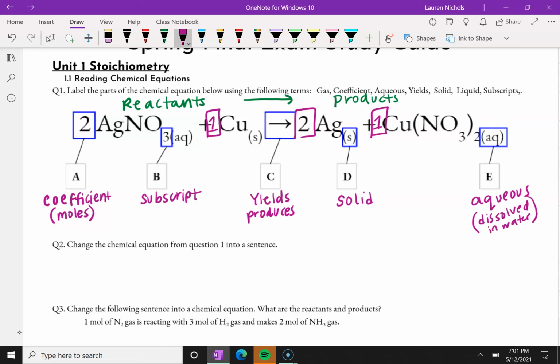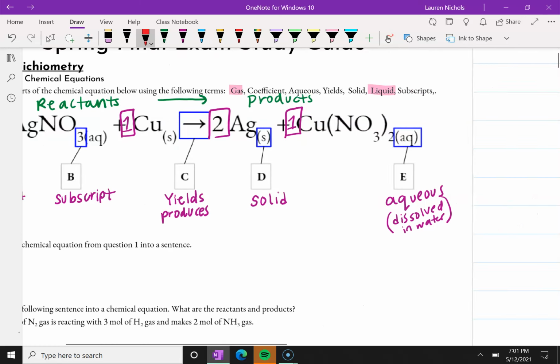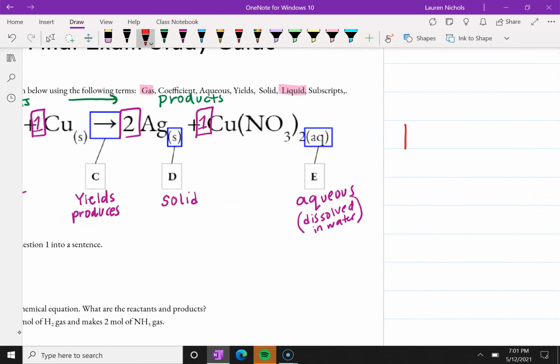Now, 2 words that were in your study guide that did not have labels are gas and liquid. We didn't see them in this particular example. If you were to see, for example, H2O or water with a G in parentheses after it, that G would be telling you that it's a gas.